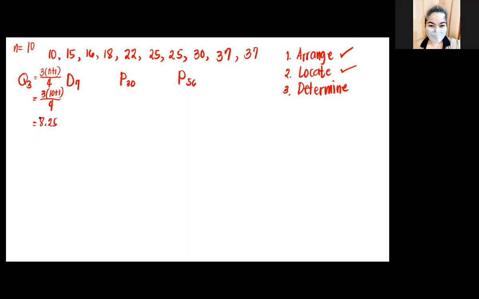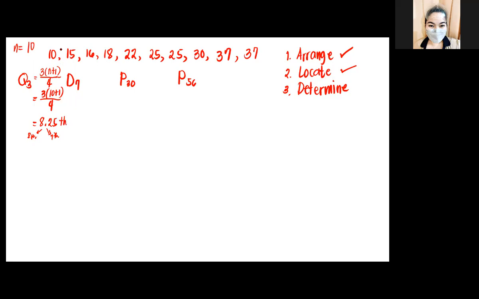That's the 8.25, meaning it is between the 8th term and the 9th term. So we will use linear interpolation to get the exact value of the term at the 8.25th position.